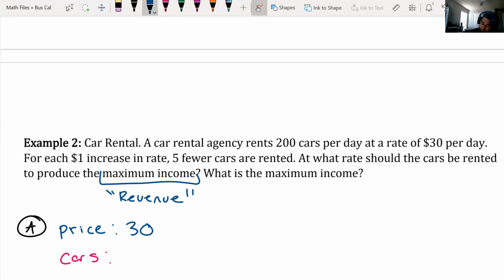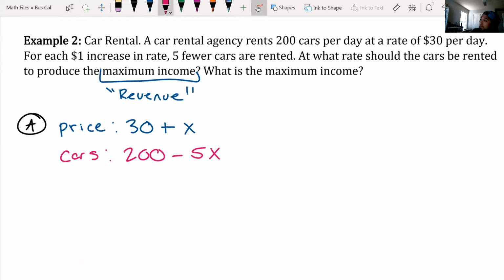And if we rent them at $30, how many cars do we have? 200. And then we say, hey, let's go ahead and increase the rate by $1. So that's going to be 30 plus 1x. So that 1x represents each $1 increase. But if we increase the rate by $1, how many cars are we going to lose? 5 per increase. There we go. And there's our price equation and our cars equation.